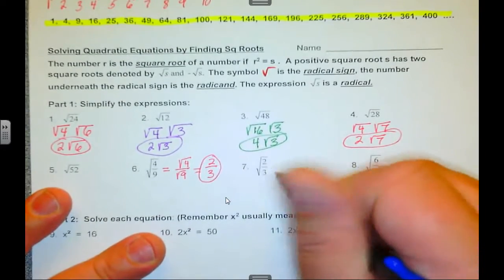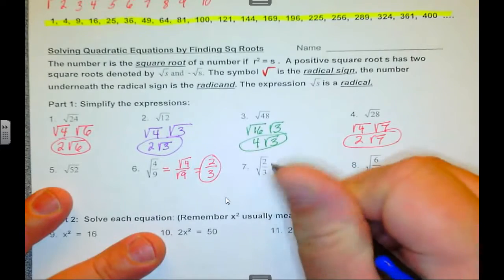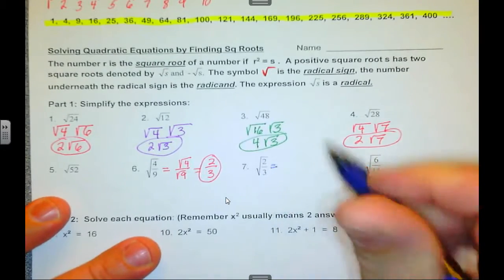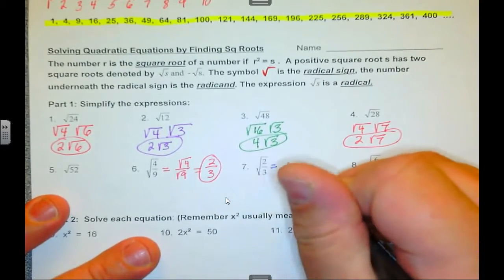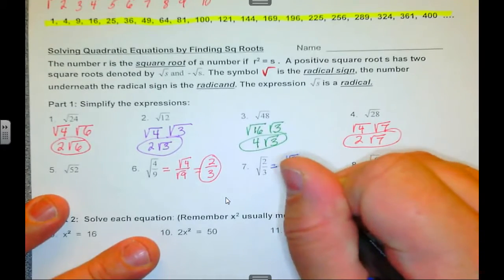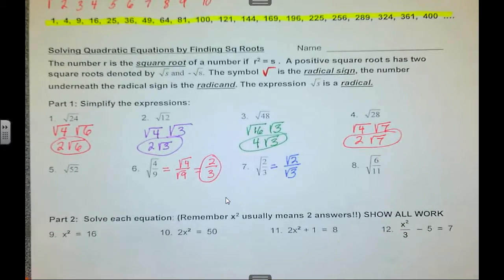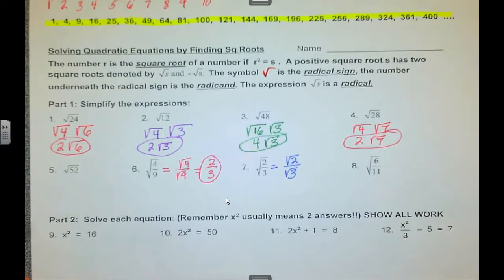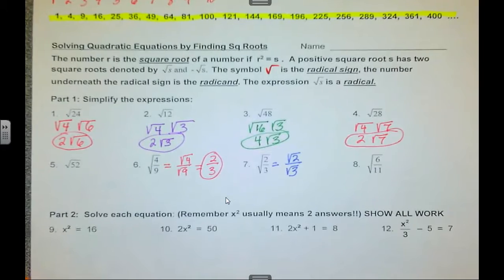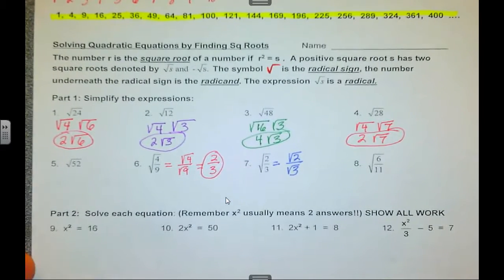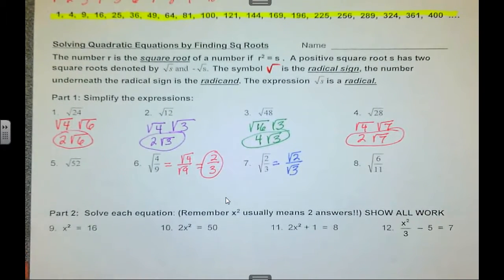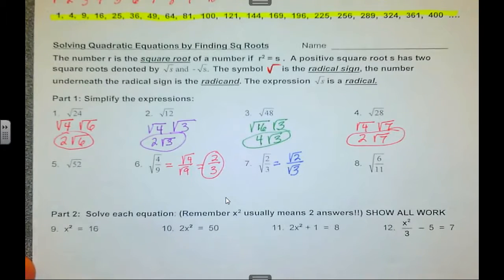Okay, number 7. I'm gonna split this up between square root of 2 and square root of 3. They're both imperfect squares, right? But then we get this crazy rule in mathematics that you cannot have a radical in the denominator.